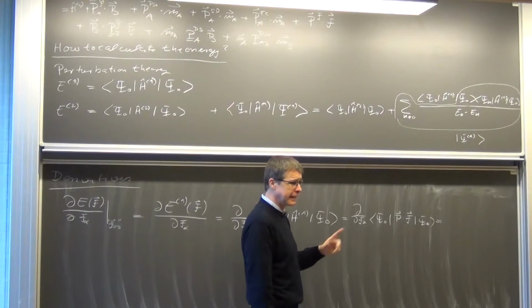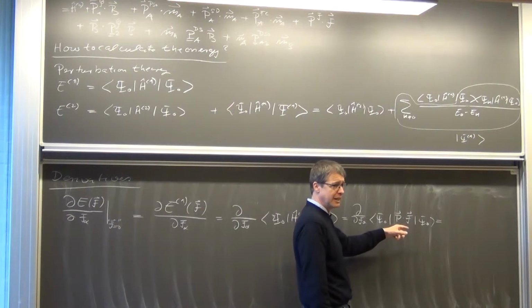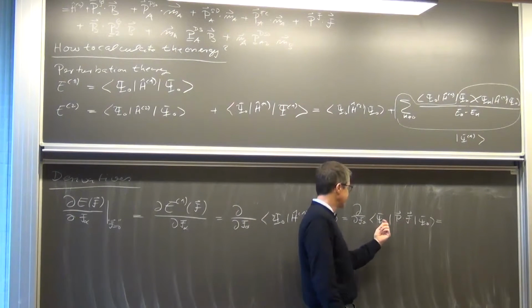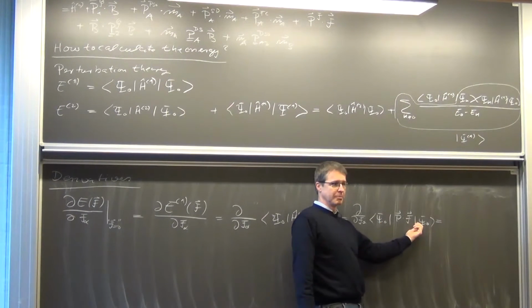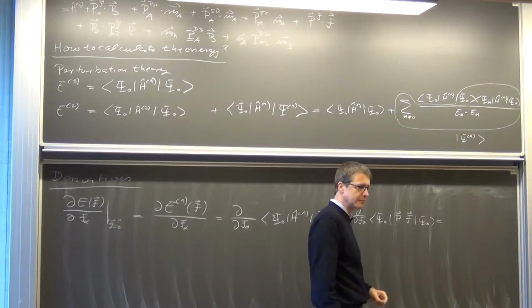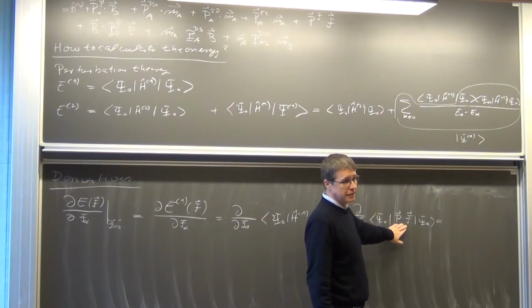And in principle, later on, I think in the third hour today, we actually have to do that really, and have to use the product rule all the time. But this one is not depending on the field, this one is not depending on the field, so the only thing which depends on the field is this one. So we take the derivative of that, and this is a scalar product.